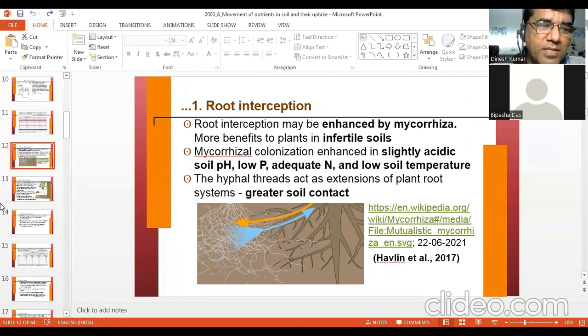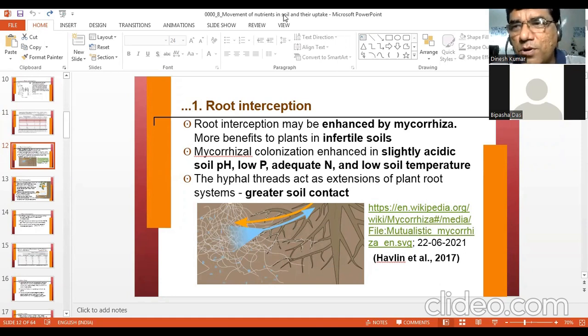Ectomycorrhiza is mostly on the outside surface of the roots and they make a small entry into the plant cell interspaces. And they are mostly found in trees, in temperate areas. They are not very common in tropical and subtropical areas. In tropical and subtropical areas, these endomycorrhiza are very common.